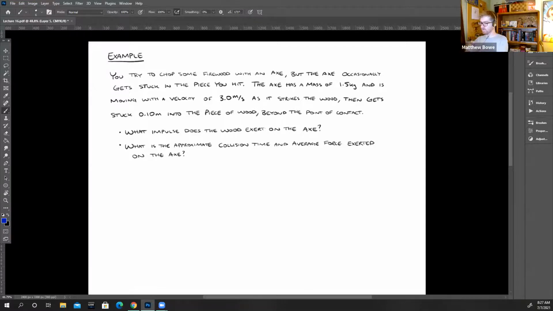The axe has a mass of 1.5 kilograms and is moving with a velocity of about 3 meters per second. As it strikes the wood, it gets stuck about 10 centimeters down into the piece of wood. Beyond that initial surface, we want to know what the impulse is that the wood is applying on the axe. Also, what is the approximate collision time and the average force exerted on the axe?